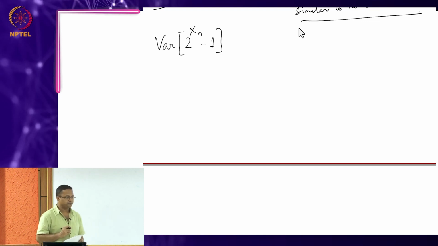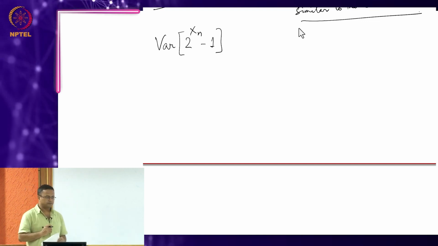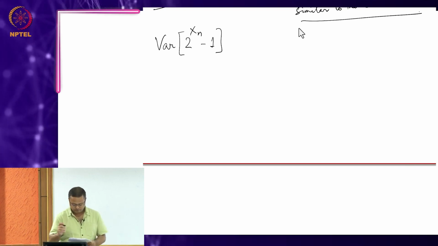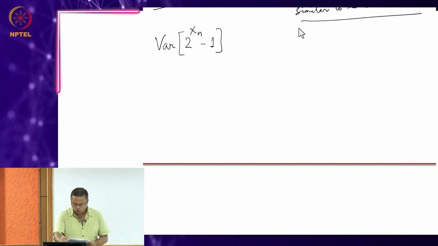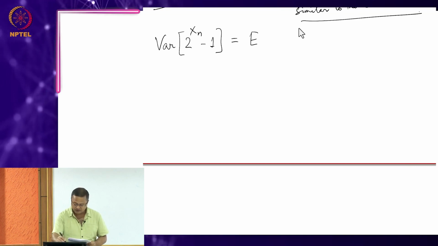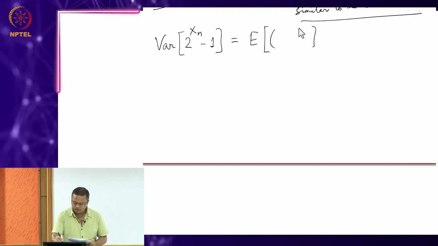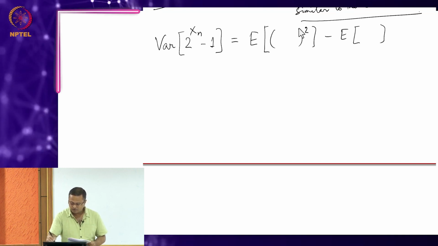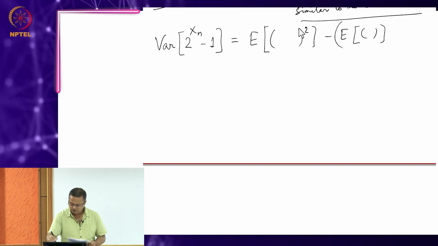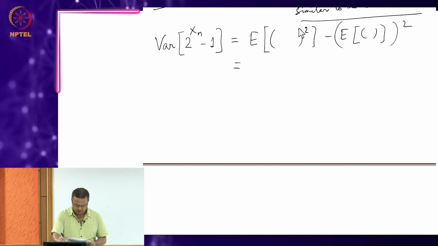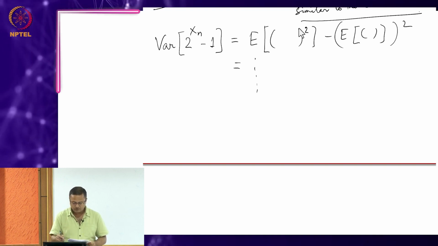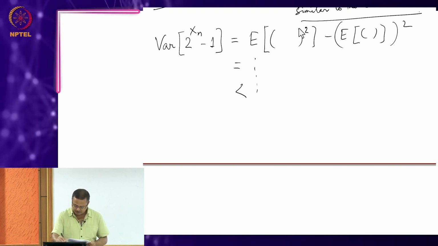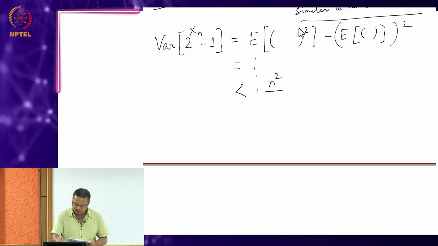This was my output, right. Write this as expectation of this minus expectation of this whole square, go through a few steps, use the previous claim, and you can show that this is upper bounded by n square by 2.